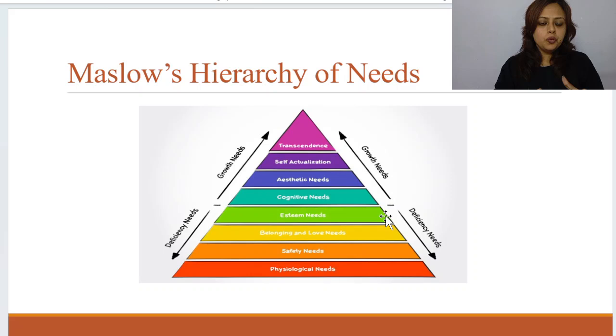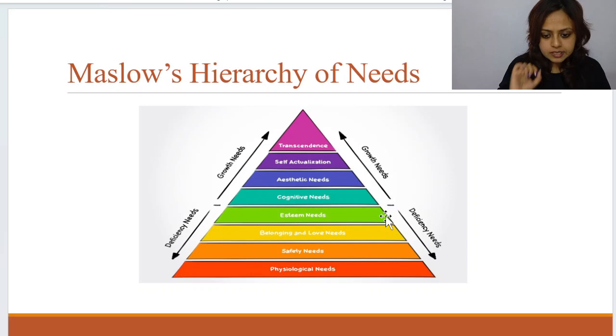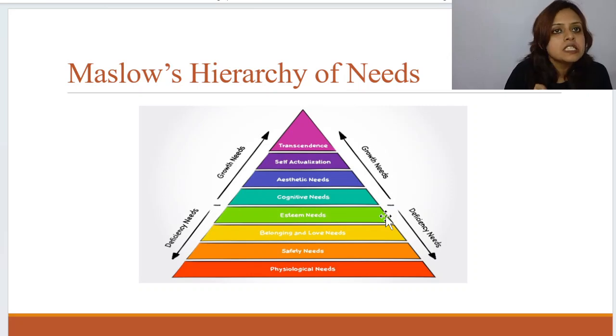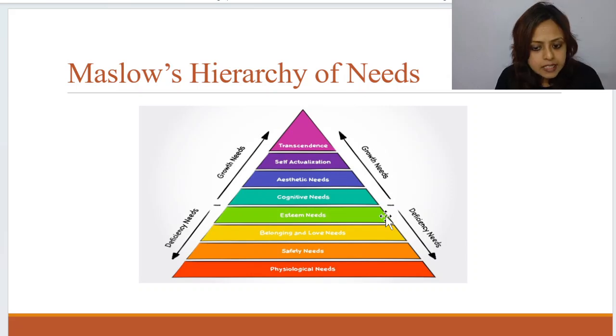As you can see in the picture, the first 4 needs, that is the physiological need, the safety need, the belonging and love need and the esteem need, come under the deficiency need, and the cognitive need, aesthetic need, self-actualization need and the transcendence need come under the growth need. Now, obviously you people are having these questions in your mind: what is a deficiency need and a growth need?